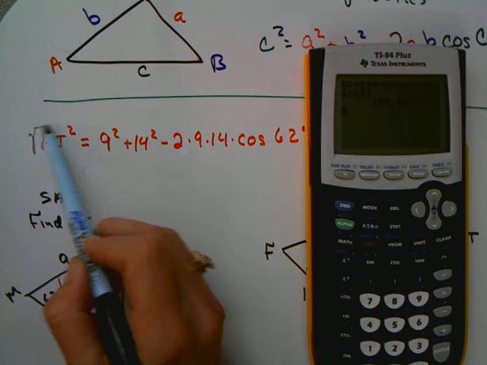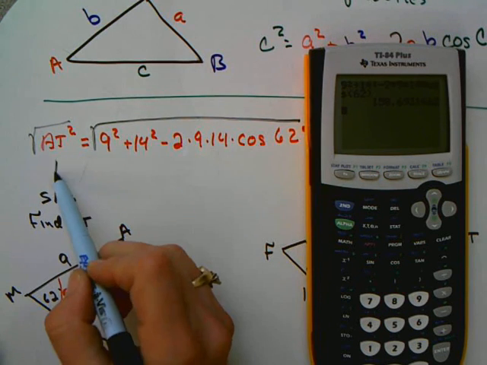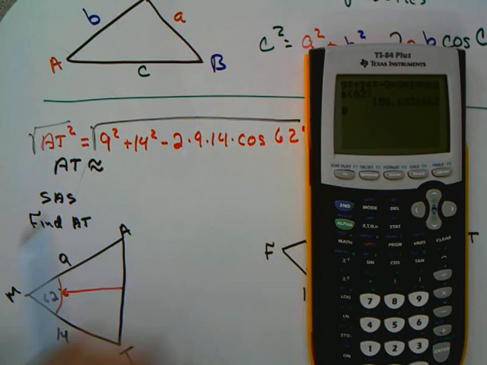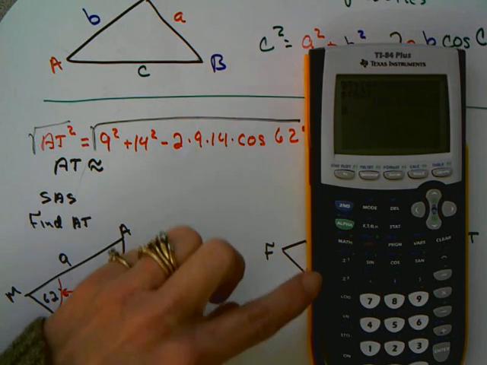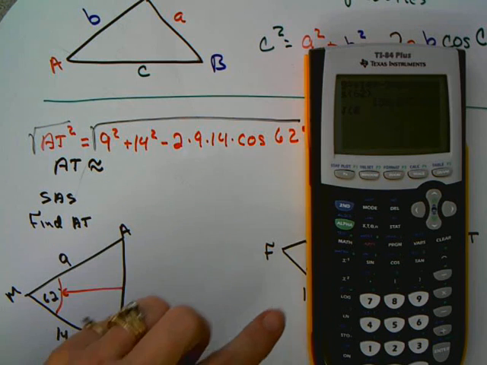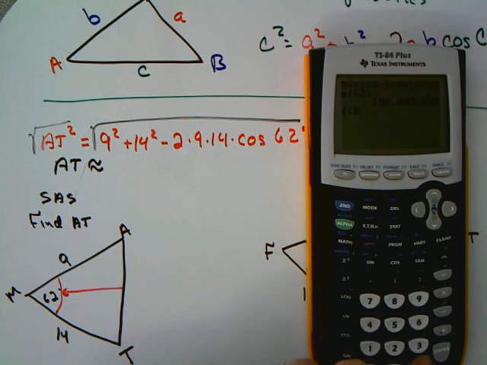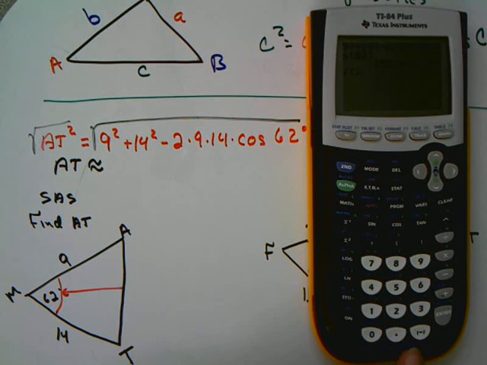So the next thing you're going to do, the opposite of squaring, is square rooting. So AT is going to be about, now here's how you do this, second x squared. That says we're going to square root. Now do second again, and come down here to the minus sign.